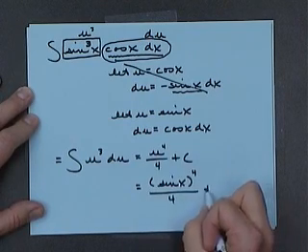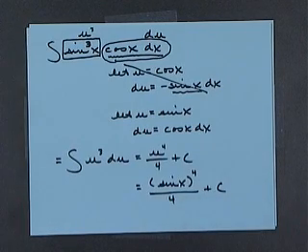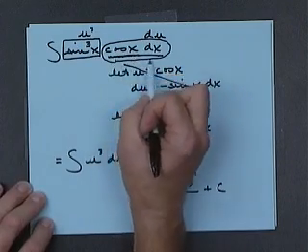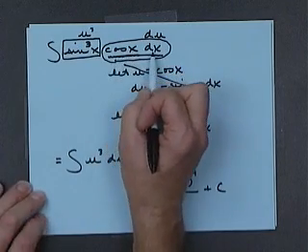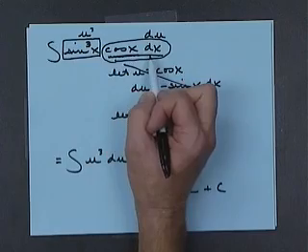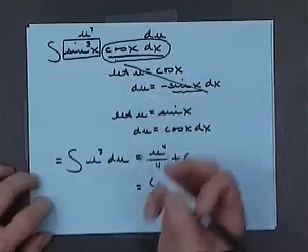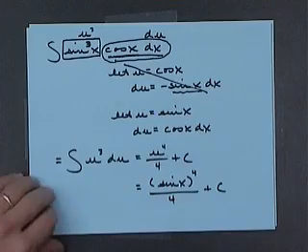End of problem, right? So if you have a sine or a cosine to a power, and then you have the other function out there kind of off by itself, a single sine or a single cosine like we had here, try to let that single sine or cosine be du, and see if you can convert the other stuff that's present into the form where it is u. So that works here.